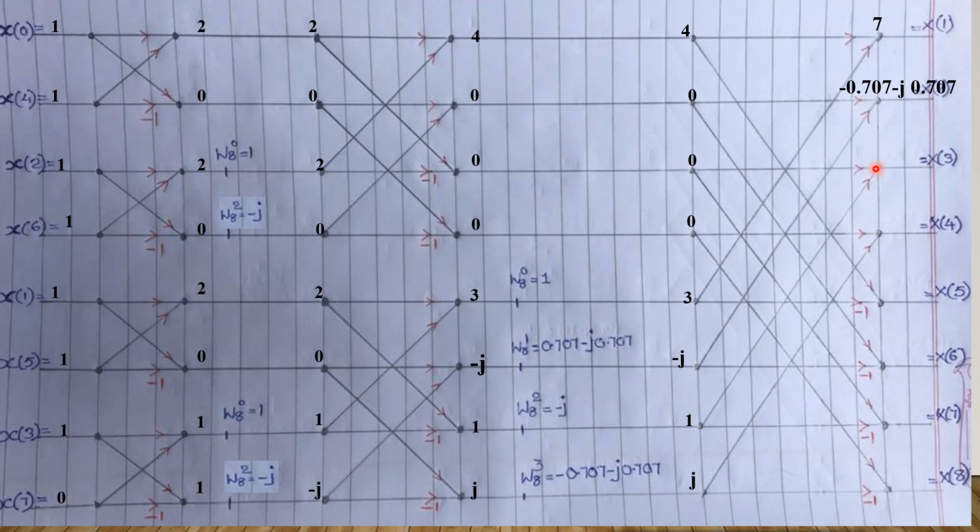And at this point 0 and again here minus j into this value with the twiddle factor you want to write. So you'll get minus j. And at this point 0 and again this twiddle factor value here is minus 0.707 minus j 0.707. So you'll get 0.707 minus j 0.707.